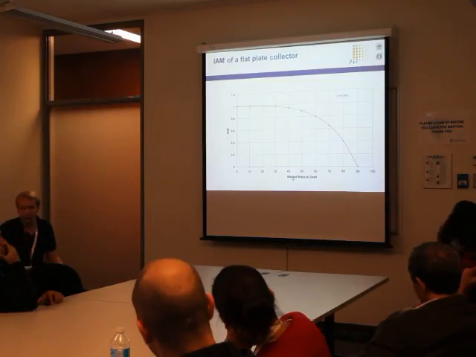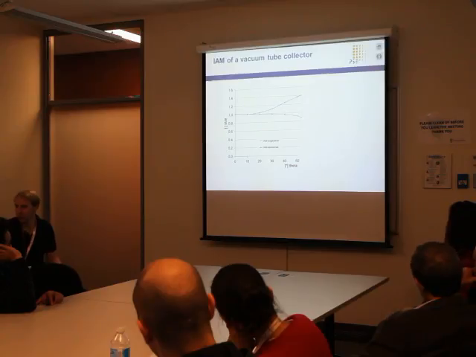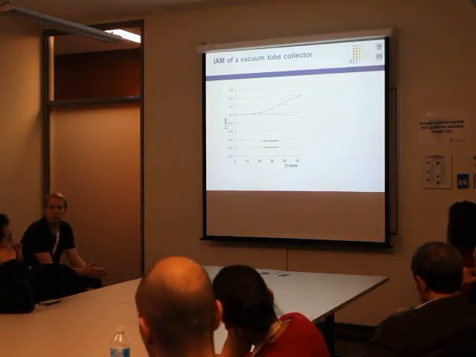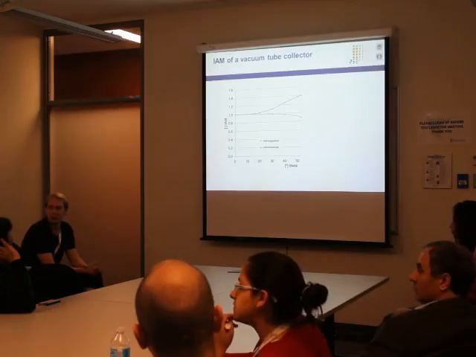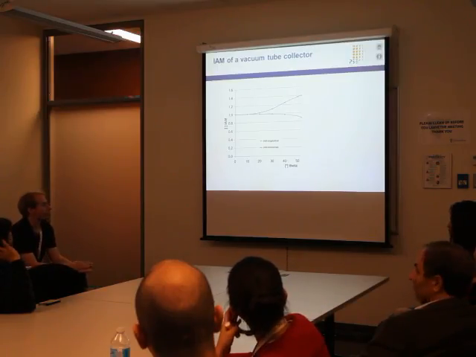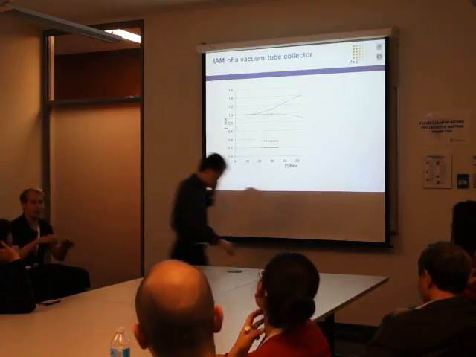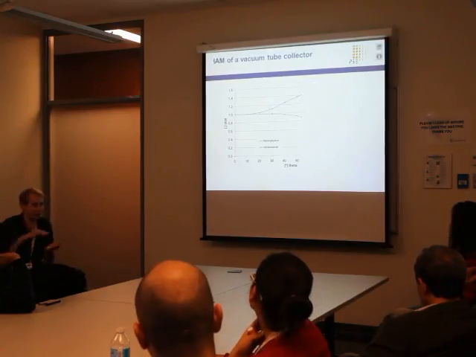This axis means angle theta in degrees. If you look at a vacuum tube collector, it has two different incident angle modifiers: one is transversal, the other is longitudinal, depending on how you look at the collector.